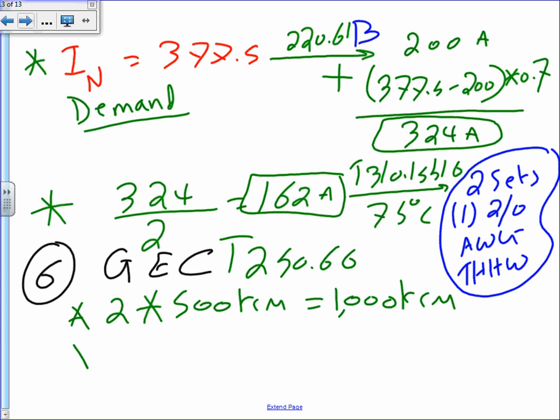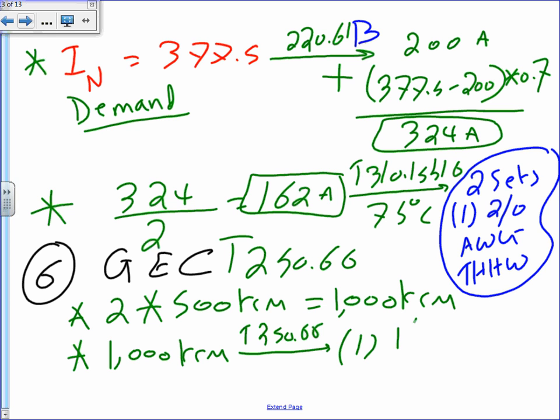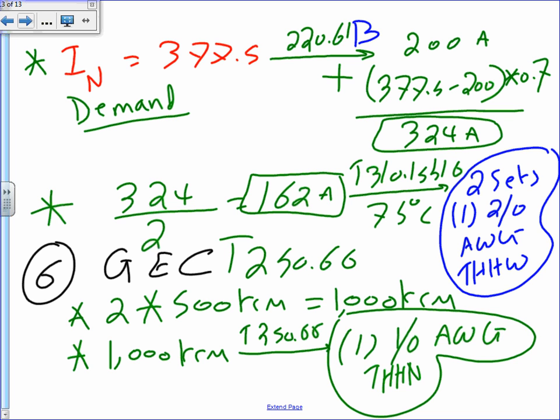Then the next step is you take 1000 kcmil, take this one to table 250.66. That will get you, anybody? One conductor, 1/0 AWG THHW. 2 sets of one?